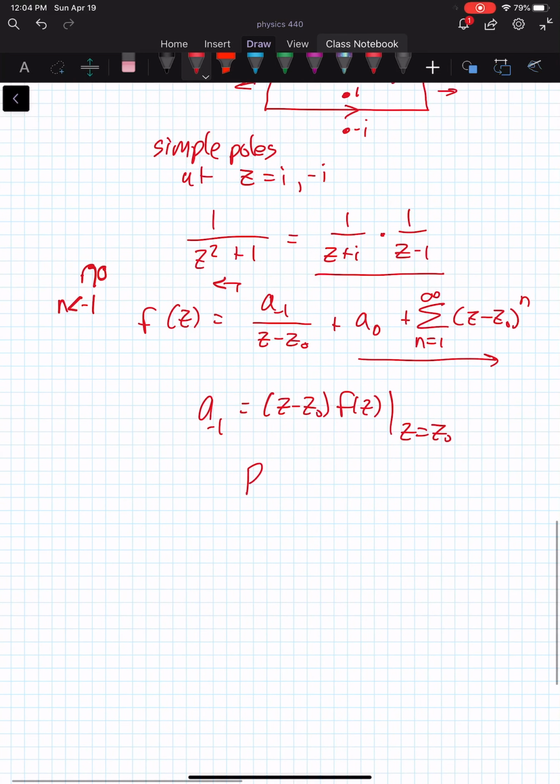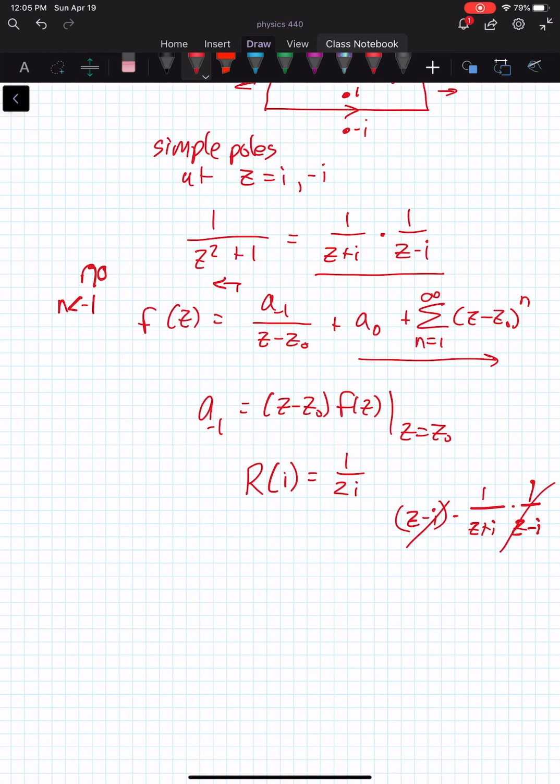What that means is the residue at i is equal to 1 over 2i. All we're doing is taking z, oh, this should be i, sorry, z minus i times the function, 1 over z plus i times z minus i, getting rid of those poles, and then evaluating this at z equals i.